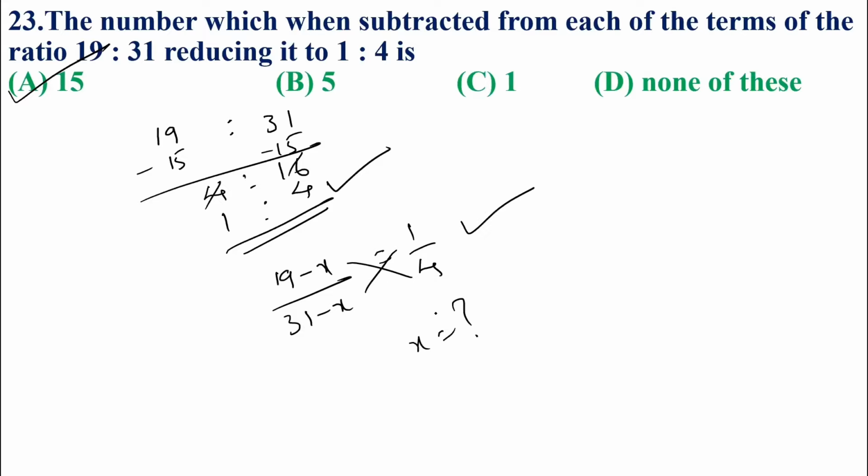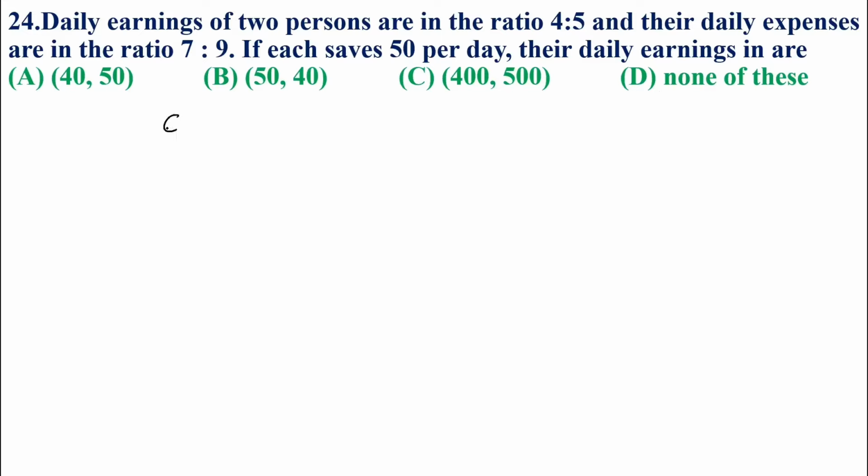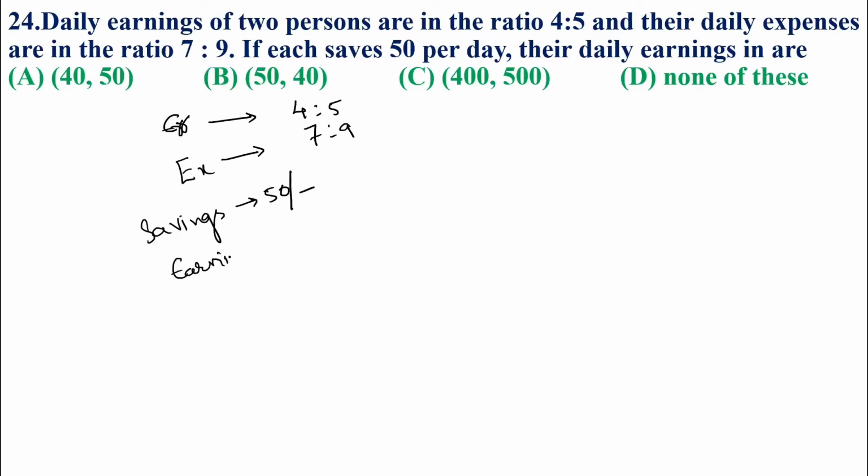Here the earnings they have given are 4 is to 5, and their daily expenses are in the ratio of 7 is to 9, and each saves 50 rupees. So savings is 50 rupees. Then what is earnings? I need to find. What is saving?